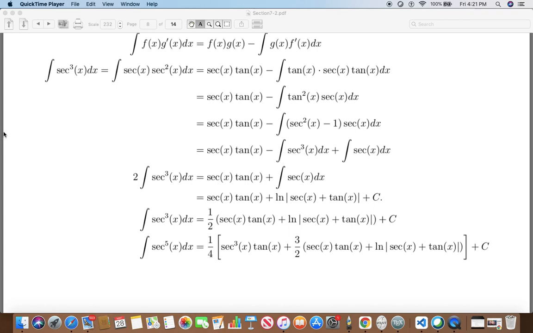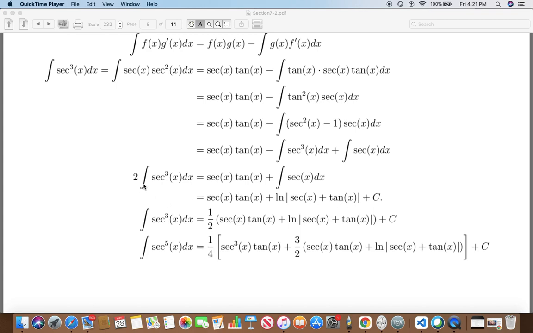So move this to the left hand side and you get 2 of those. So 2 times the integral of secant cubed x dx is secant x tan x plus the integral of secant x. So we have reduced the power. But this integral, you know, this is a formula: the integral of secant x dx is the natural log of the absolute value of secant x plus tan x.